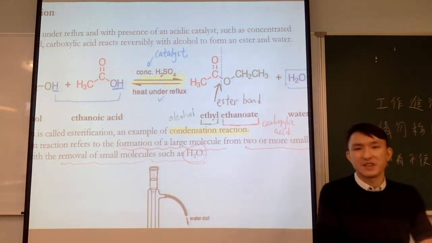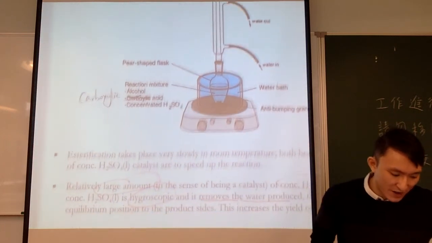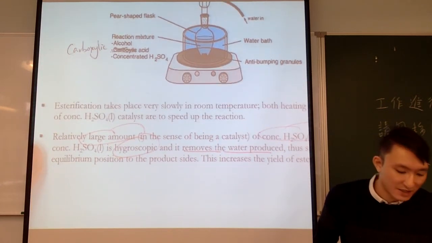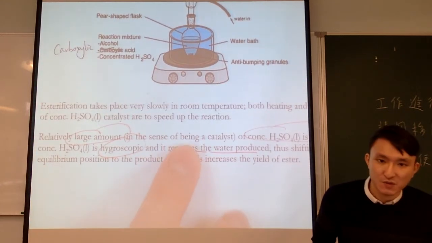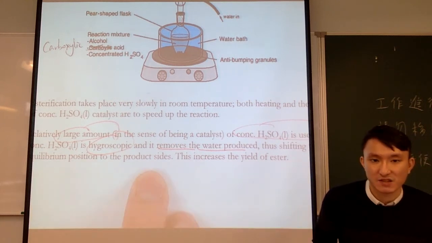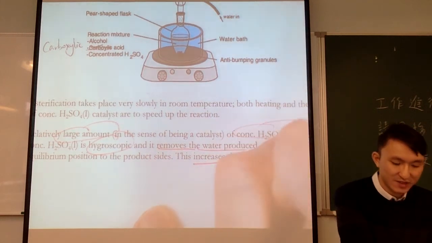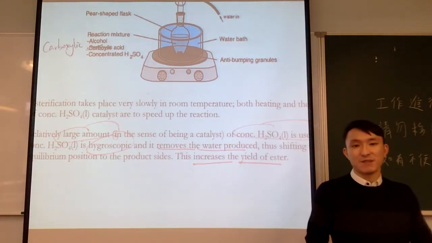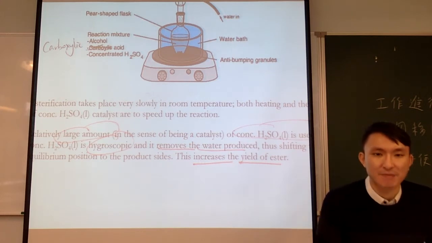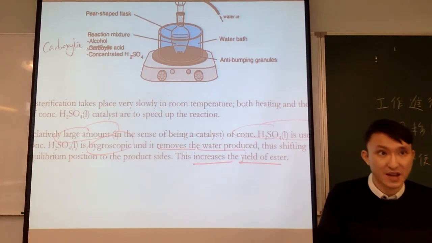That will increase the yield of the reaction. So that's why over here we add a relatively large amount of sulfuric acid, because it removes the water produced, shifting the equilibrium position to the product side and increasing the yield of the ester. So that is the reason why. A very specific case that you probably need to pay attention to.